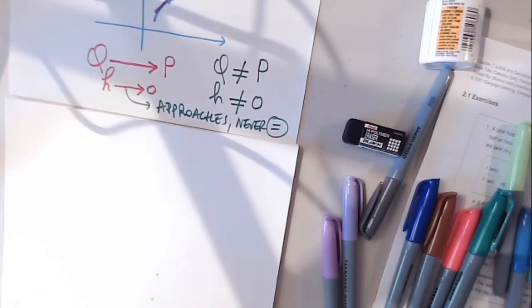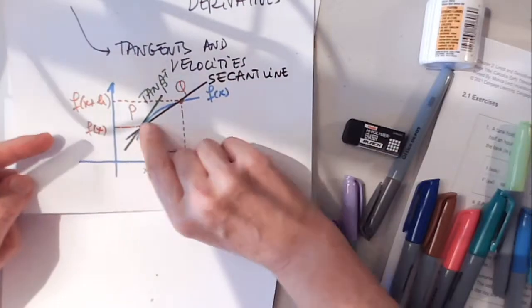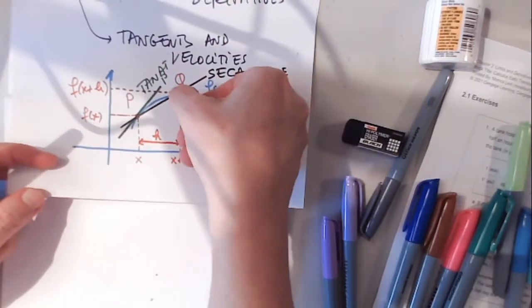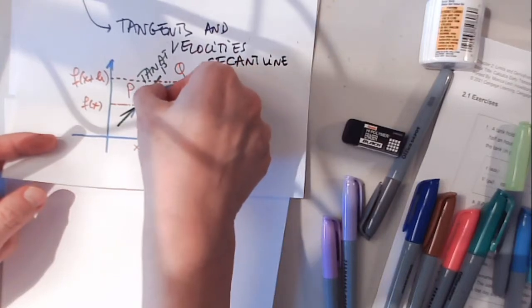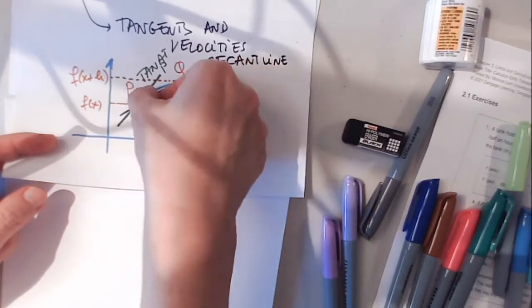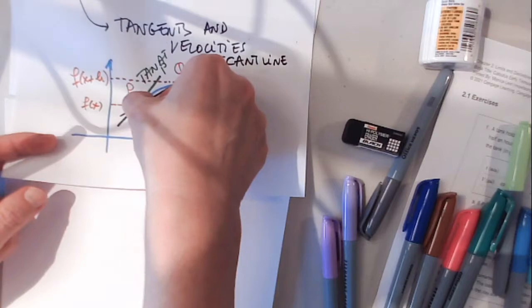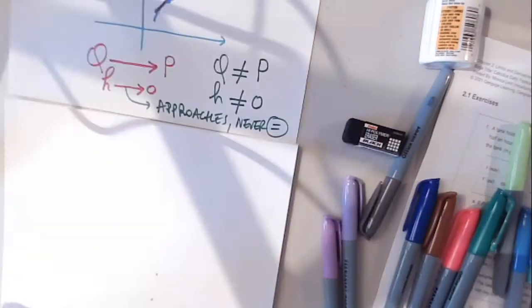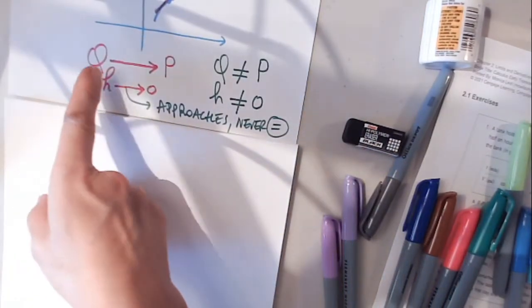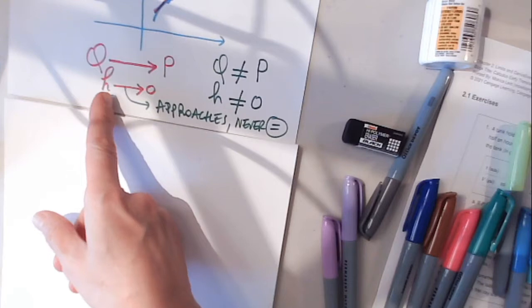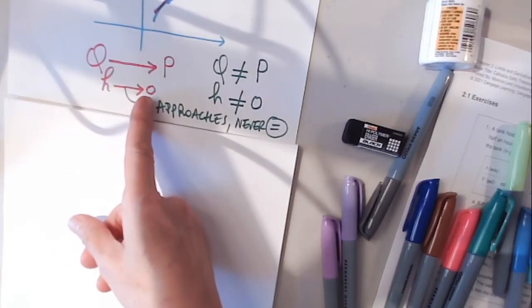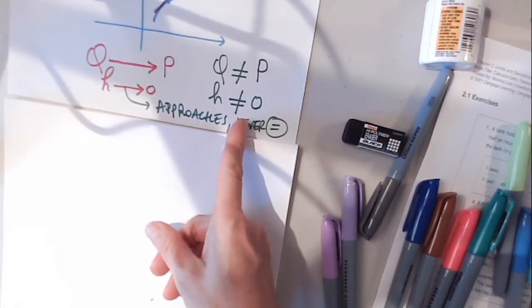But we can determine the slope of the secant line, and by making h smaller and smaller and bringing Q infinitely closer to P, Q gets closer to P but will never overlap P or be the same as P. That means that h will get closer and closer to 0, never equal to 0.